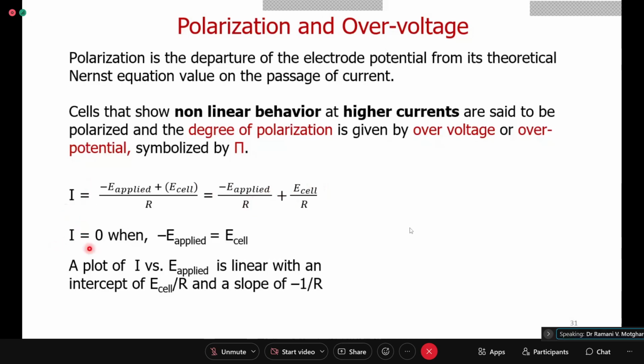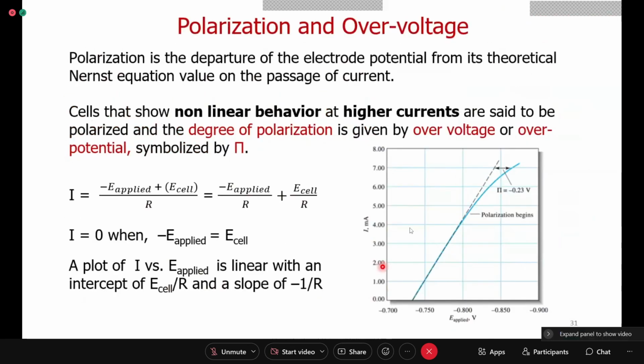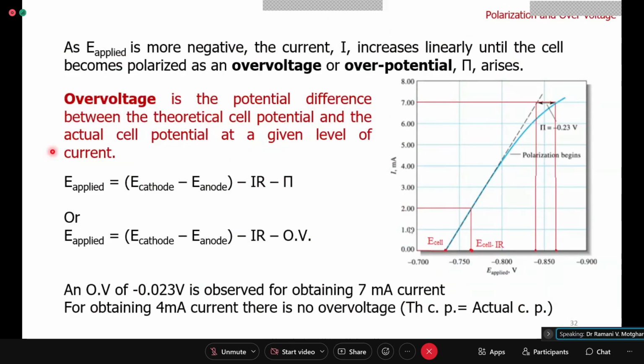So when the current is 0, minus E applied is equal to the E cell value. So a plot of I versus E applied is linear with an intercept of E cell by R and a slope of minus 1 by R. Here we see this diagram. This we have already discussed. So what is over voltage?